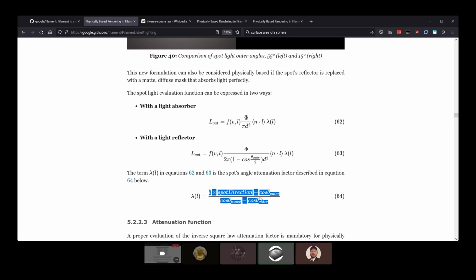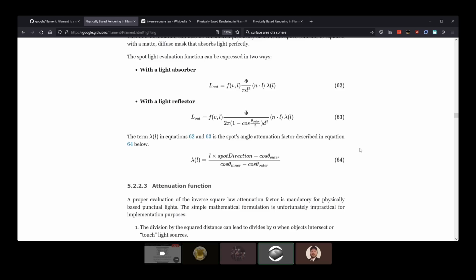Oh yeah, this is the attenuation. Wait, L times the spot direction minus the outside, and then the difference of the two. Oh, they just have a term here which is like, by the way, for dealing with the attenuation due to the outer, just do that.